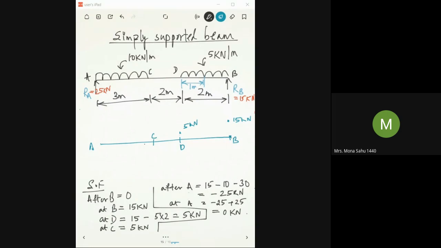Next, you have at C again, you've got again the same because there is no load between C and D. So you have again 5 kilonewton here. Okay, then at A, you've got minus 25 and then 0. So minus 25 will come somewhere here.